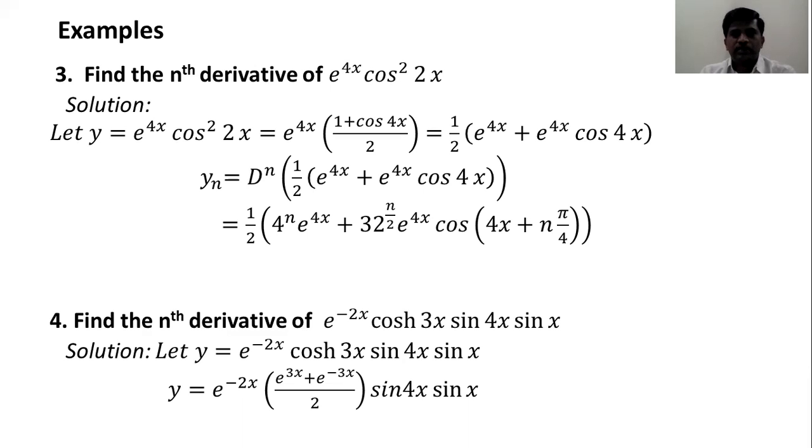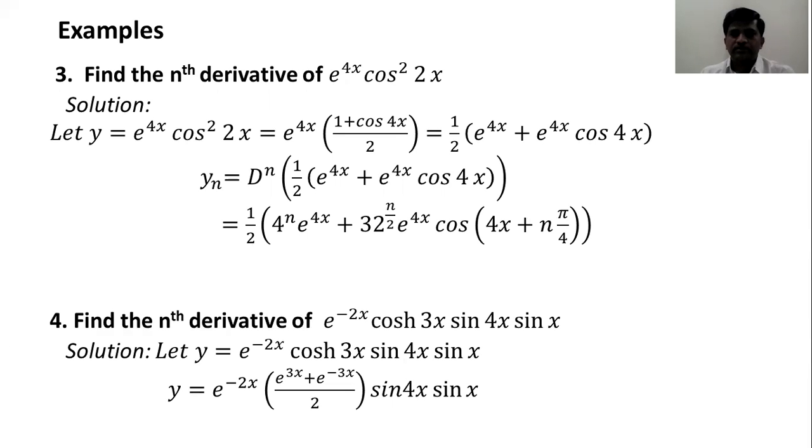Let y is equal to e^(4x) cos^2(2x). This can be written as e^(4x) into (1 + cos 4x)/2, which is 1/2 into (e^(4x) + e^(4x) cos 4x). Now both the terms are in standard form to apply the nth derivative. Then yn is the nth derivative of 1/2 into (e^(4x) + e^(4x) cos 4x).